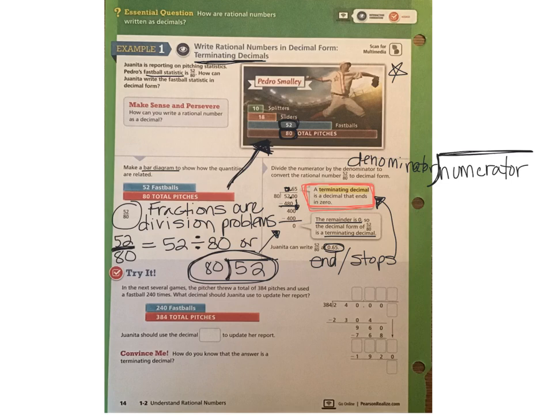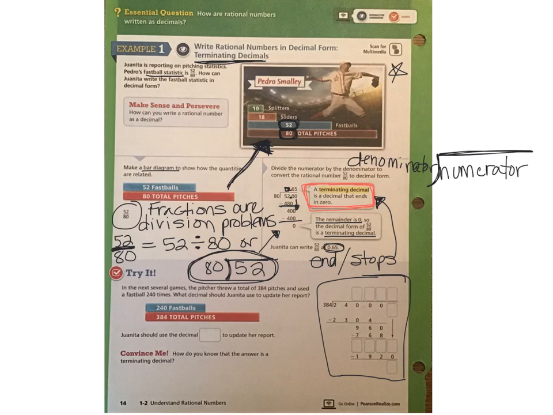Now let's go down to the try it. The try it has all kinds of boxes there, and sometimes those boxes get a little bit confusing. So if you're confused with the boxes here in the problem, then you can go ahead and skip those boxes and maybe just over here on the side do the same kind of work. Make sure that you complete that long division.